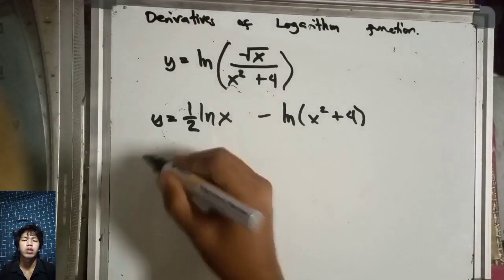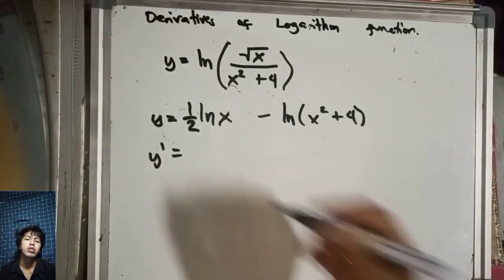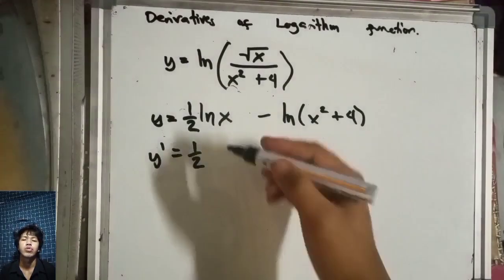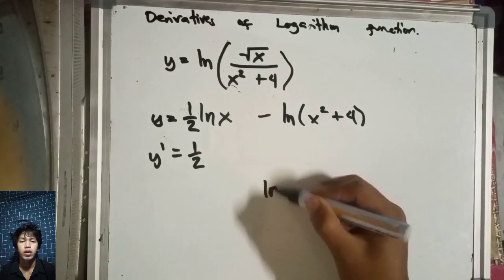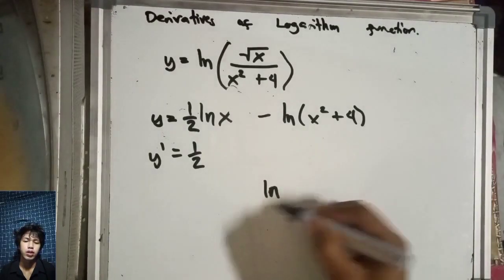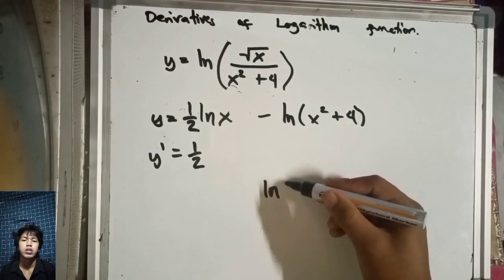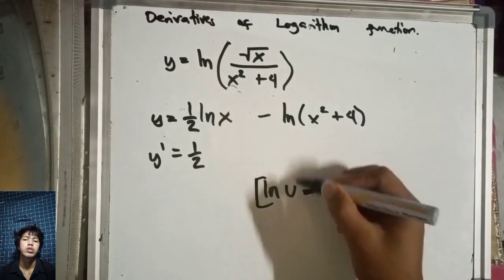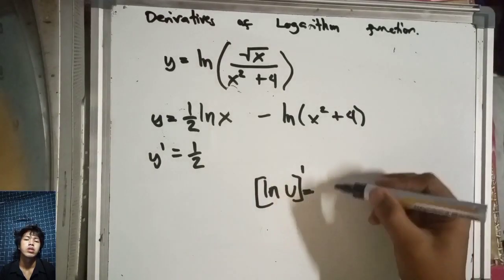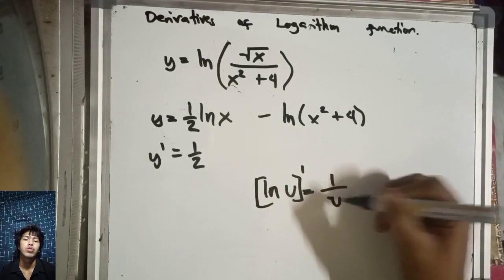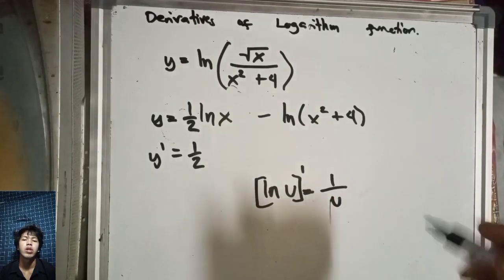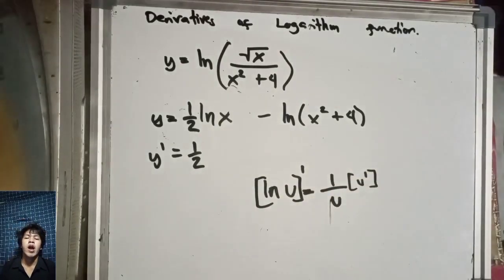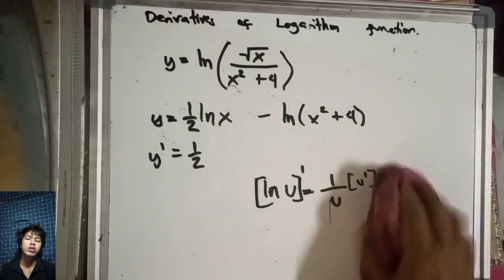Now we're going to find the derivative. So y prime equals 1/2 times the derivative of ln of x. The derivative of the natural logarithm of a function u is 1 over u, that function, times the derivative of that function. We apply that to our example.